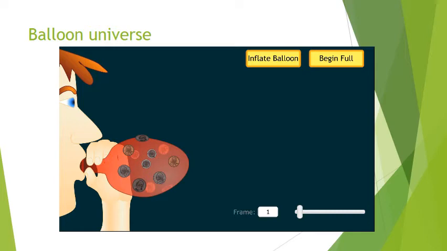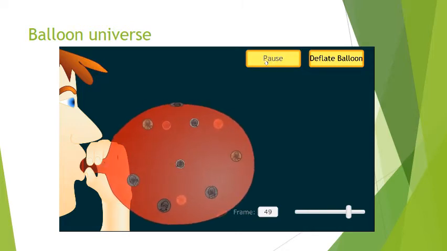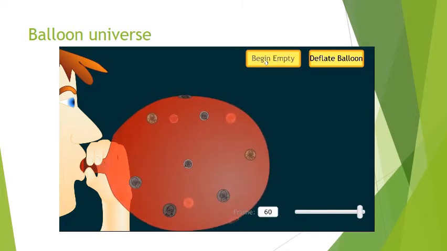Another variation on the theme is some coins on a balloon. So we've got this little simulation. We're going to let the balloon inflate. And notice that the coins themselves represent galaxies, and they maintain their scale. They don't get any bigger. They maintain their size, and that's because of gravitational effects within the galaxy, but the space between them does indeed grow.